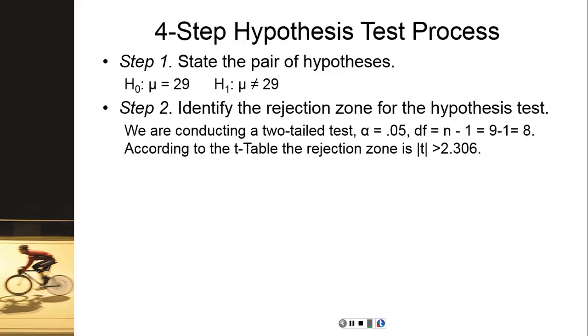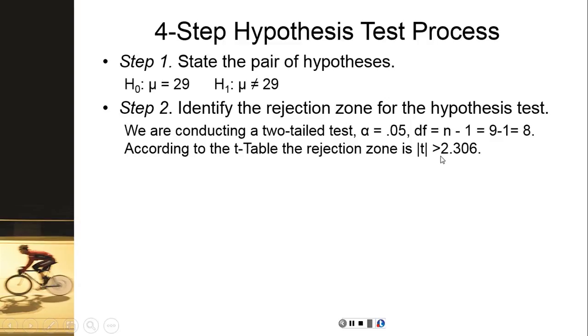Step number 2, identify the rejection zone for the hypothesis test. Based on the hypotheses, the not equal sign tells you it's a two-tailed test. We are conducting a two-tailed test with alpha equals 0.05, degrees of freedom equal n minus 1. In this case, n is 9, 9 minus 1 equals 8. So we need to look into the t-table to identify the rejection zone for a two-tailed test, alpha equals 0.05 with degrees of freedom equal to 8.